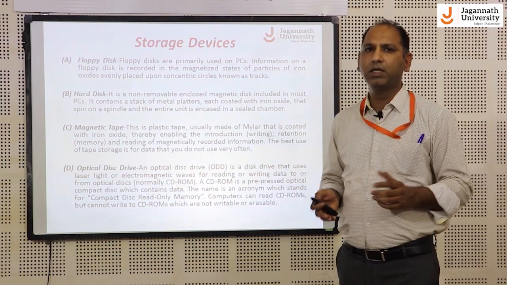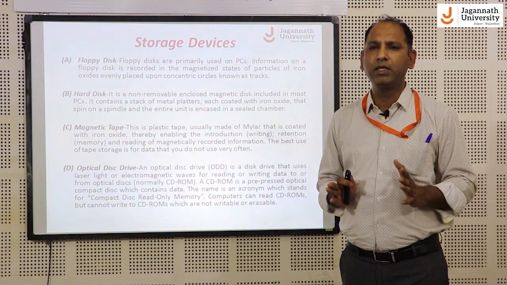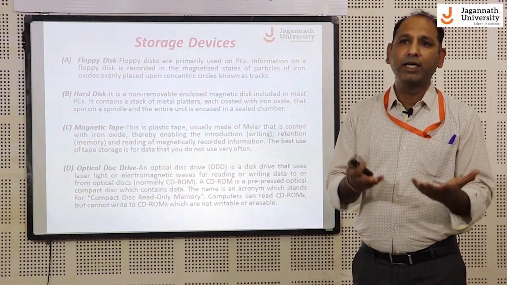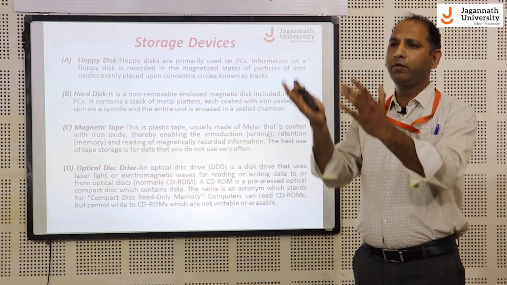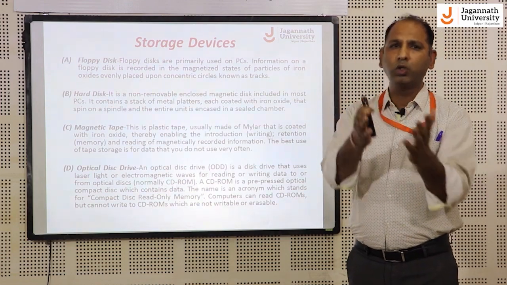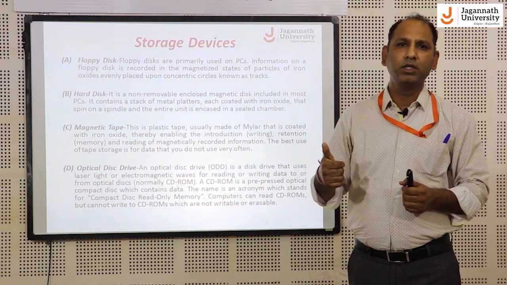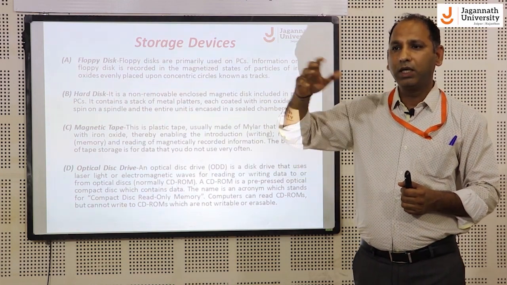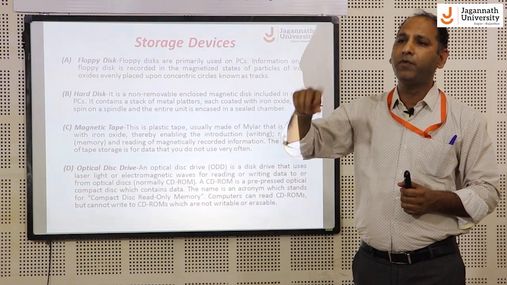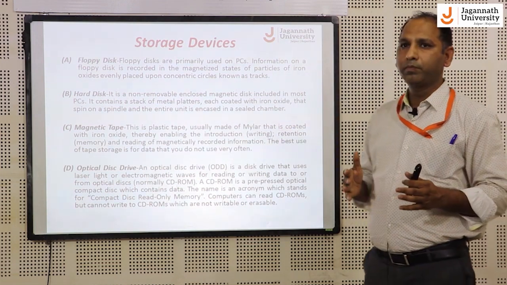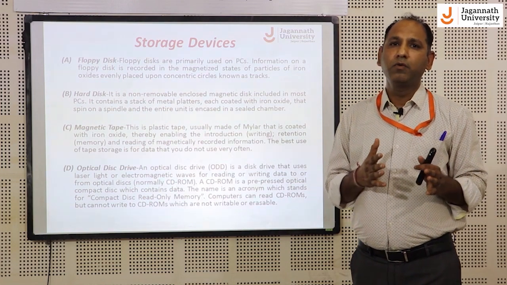Hard disk is a permanent storage device, and this is also called non-volatile memory, because when we store the data in the hard disk and turn off the system, the data is still available when we start the computer again. But RAM is a volatile memory.